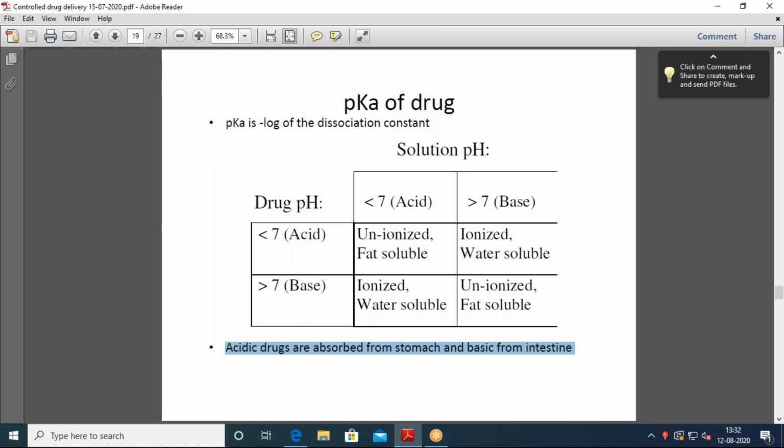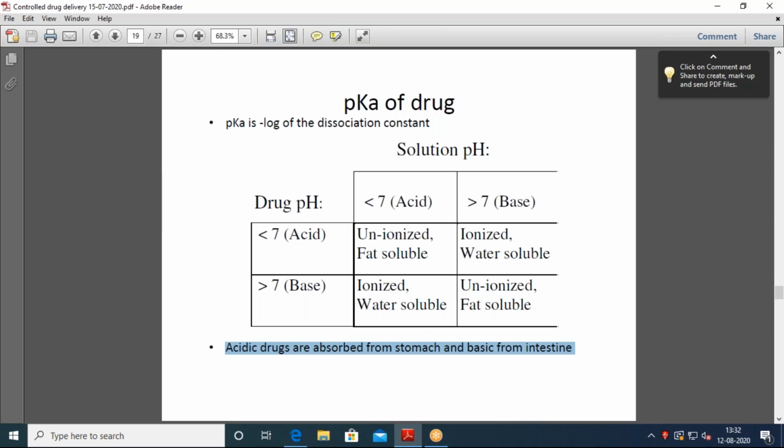If I say stomach, don't assume it means in the stomach, because most of the acidic drugs are enteric coated. Once the enteric coating enters the intestine, in the duodenum region, the coating dissolves, and that is immediately the site of absorption of most acidic drugs, at pH values close to 5 or 5.5.